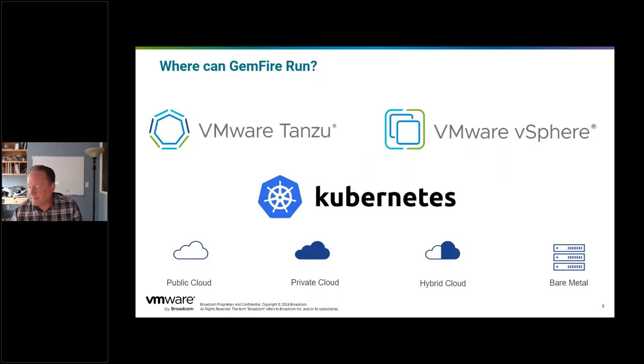So where can GemFire run? It can run just about anywhere you want it to. Definitely on all the VMware properties, VMware Tanzu, vSphere, your virtual infrastructure, Kubernetes, OpenShift, public clouds, private clouds, hybrids.